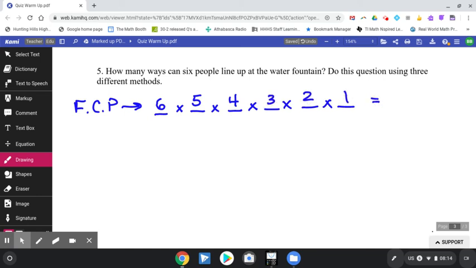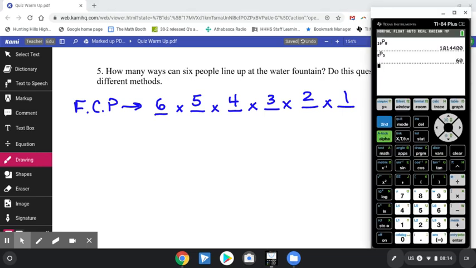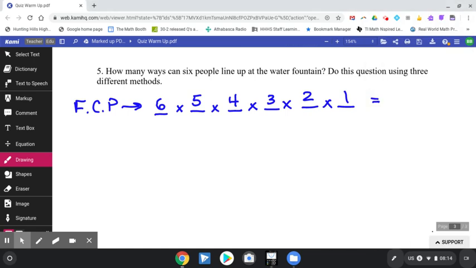I multiply that out, six times 5 times 4 times 3 times 2 times 1. I get 720.